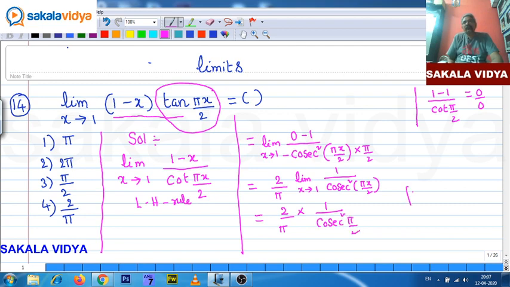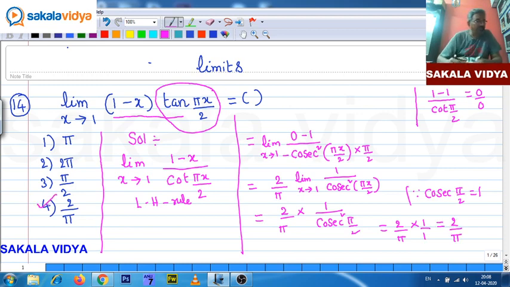You remember cosecant pi by 2, cosecant 90 degrees is equal to 1. So this equals 2 by pi into 1 by 1, so this equals 2 by pi. That means the fourth option is the right option.